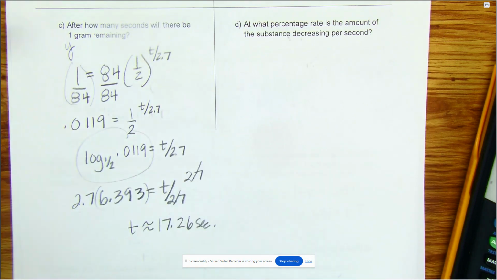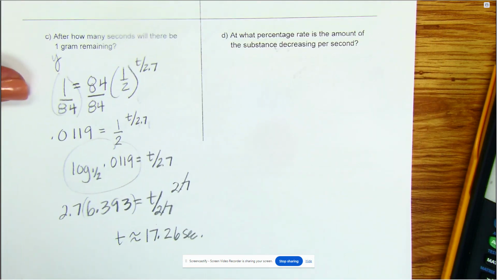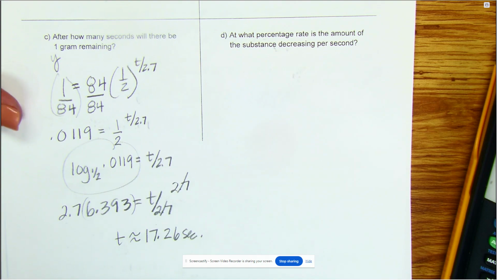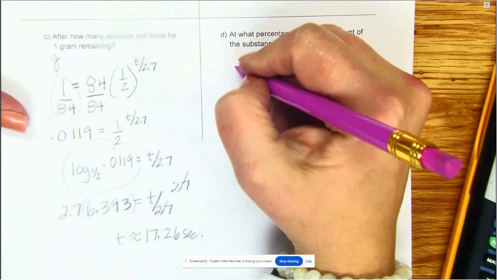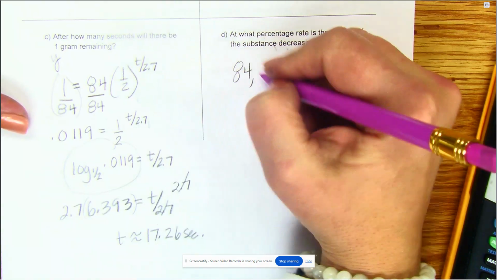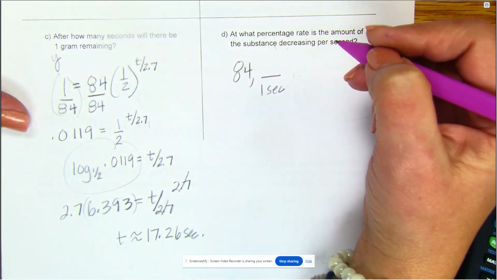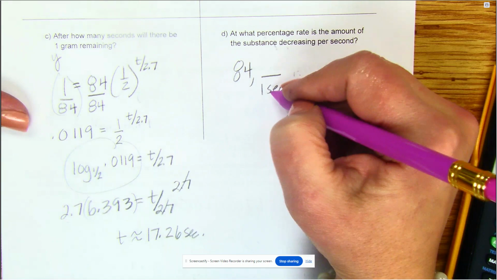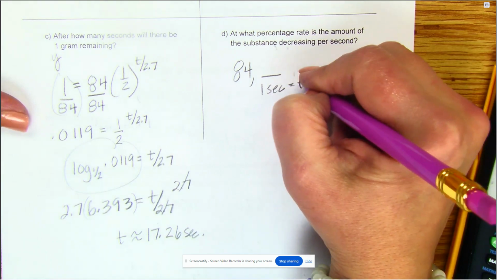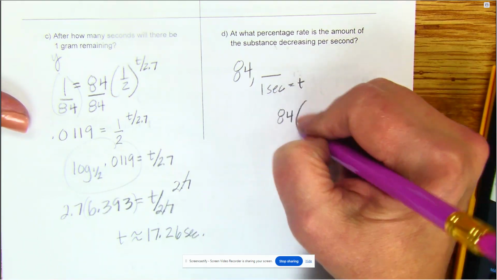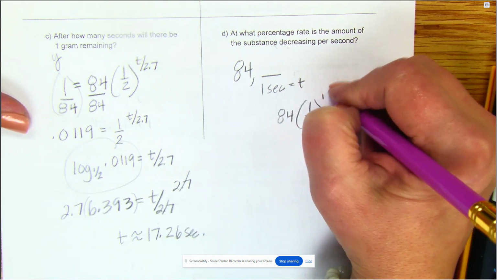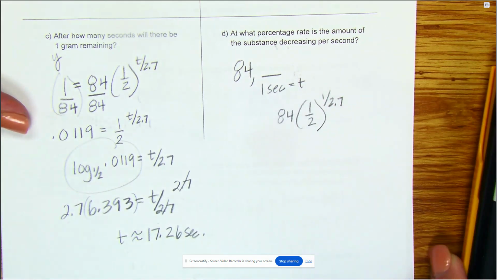At what percentage rate is the amount of the substance decreasing per second? So I know it started with 84, so I'm going to find 1 second later and then divide those two and find how much it changed. I'm going to do 1 second for my time. I'm going to go 84 times 1/2 to the 1 over 2.7.